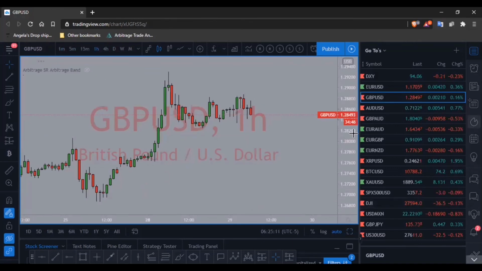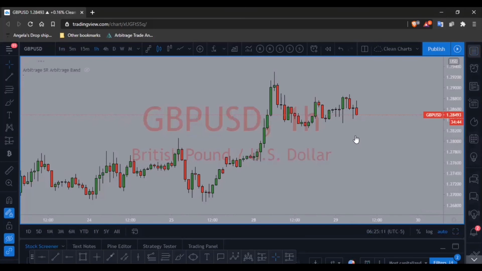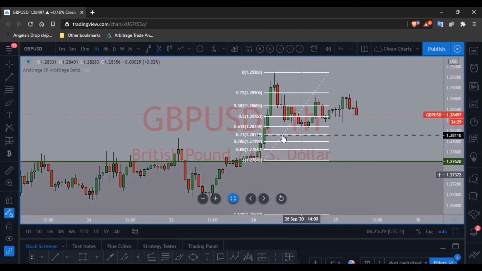So GU is still consolidating from yesterday. There we go. So I still want price to come back down to 1.28100.